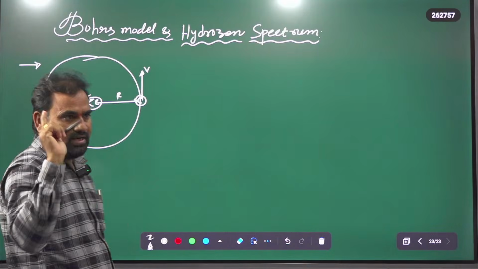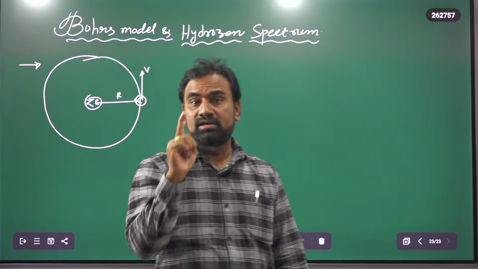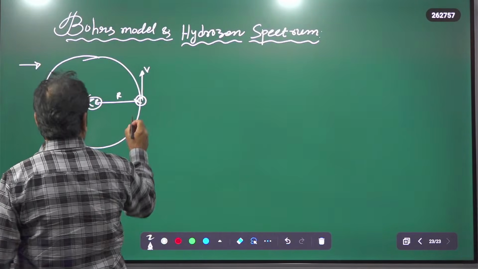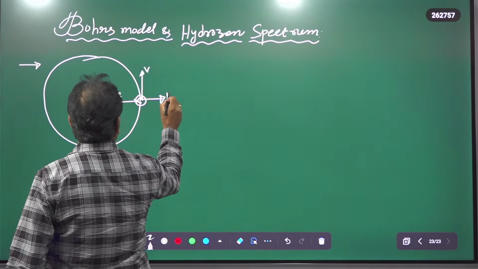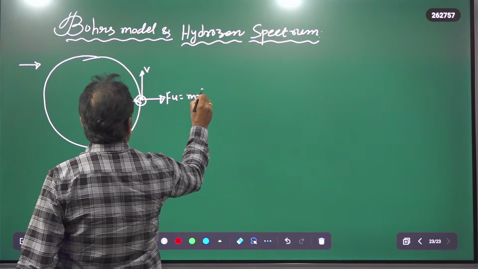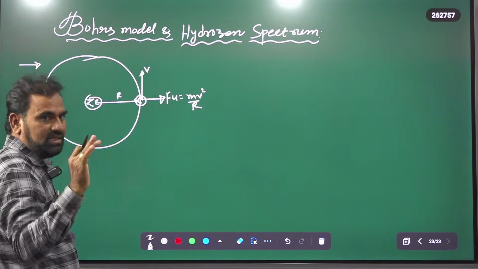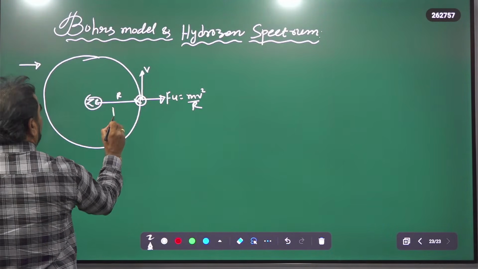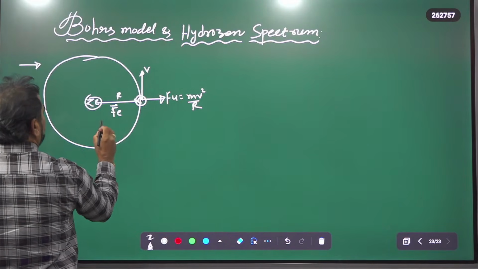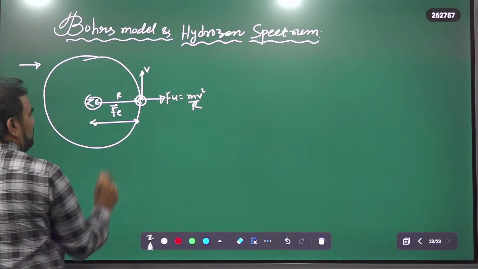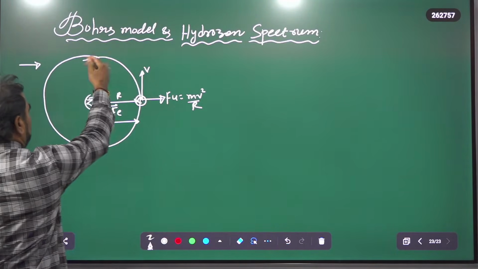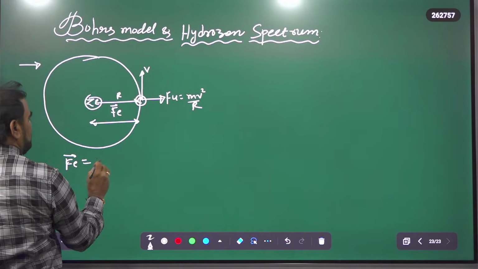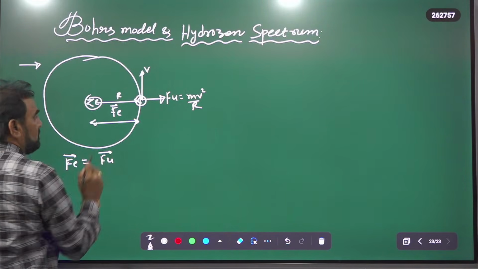In this case, the electron is continuously revolving in a circular orbit, not an elliptical orbit. Why is it moving in a circular orbit? Here, the centrifugal force Fc equal to mv square upon r balances the electrostatic force of attraction Fe acting between the nucleus Ze and the electron e. When the electron revolves in a circular orbit, Fe must be equal to Fc.